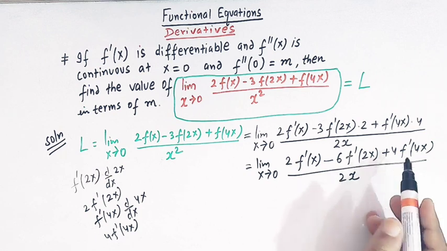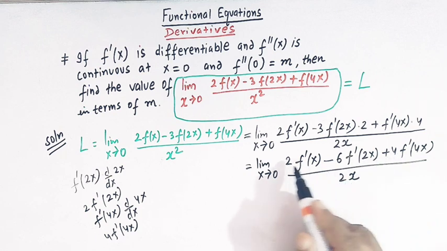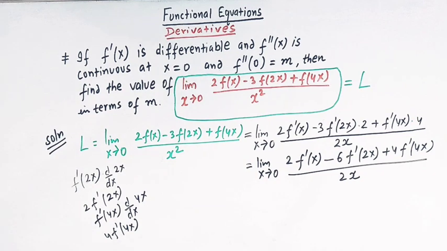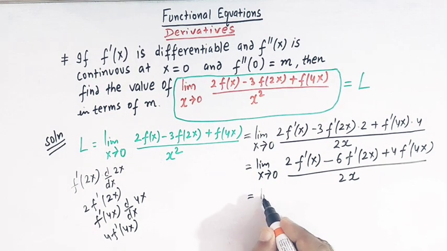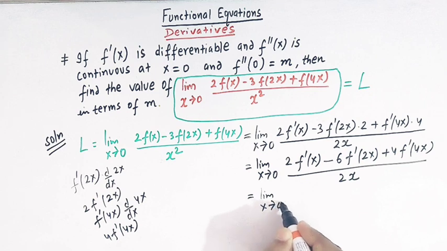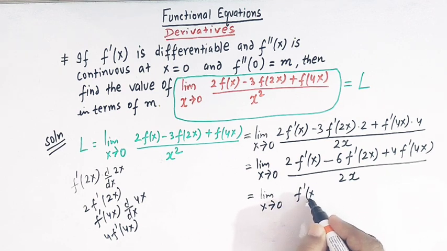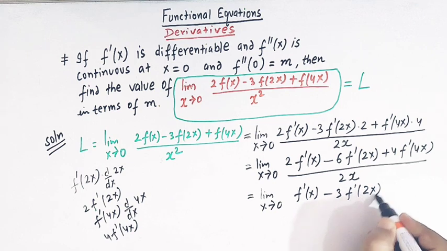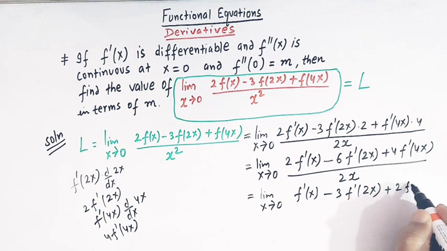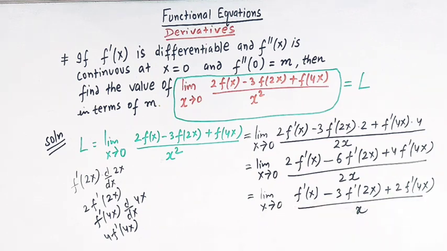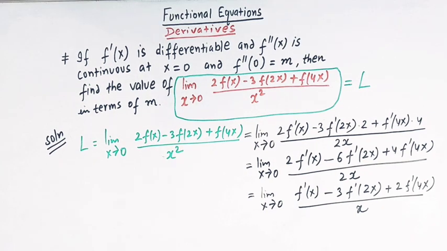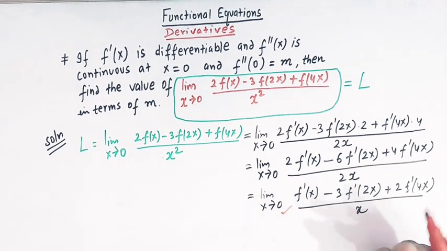Now cancelling the factor 2 in the numerator and denominator, we get limit x tends to 0. So we have f prime of x minus 3 f prime of 2x, and then we have 2 f prime of 4x divided by x, right? Okay, so now we have this limit, right?